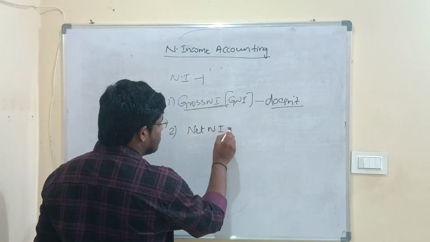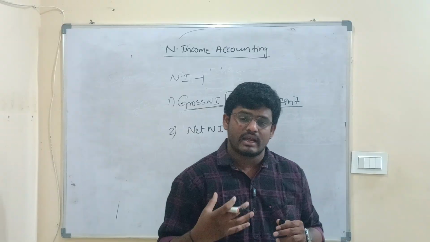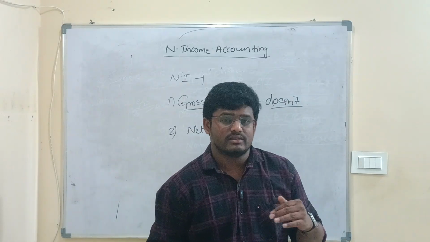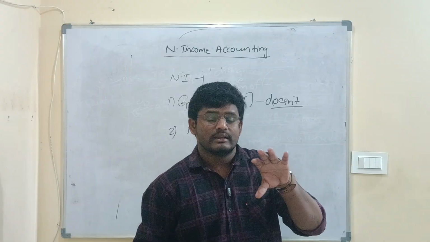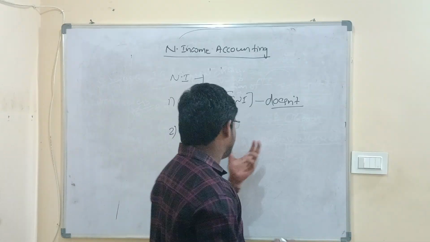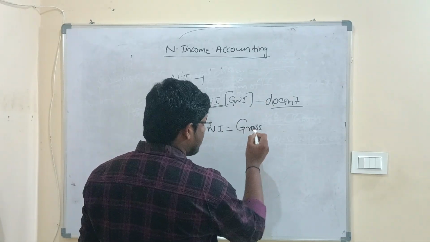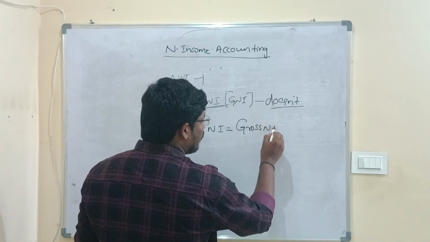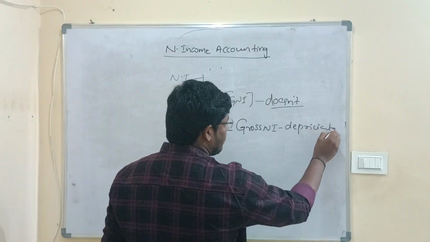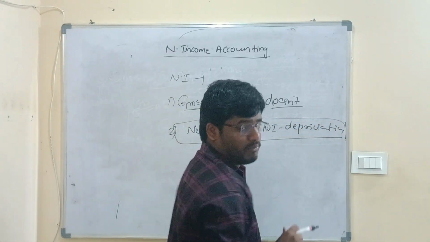Now what is net national income? It is a kind of national income where, when we calculate it, we consider the depreciation, or adjust for depreciation. Net national income is simply gross national income minus the depreciation of fixed capital. So this is the point.